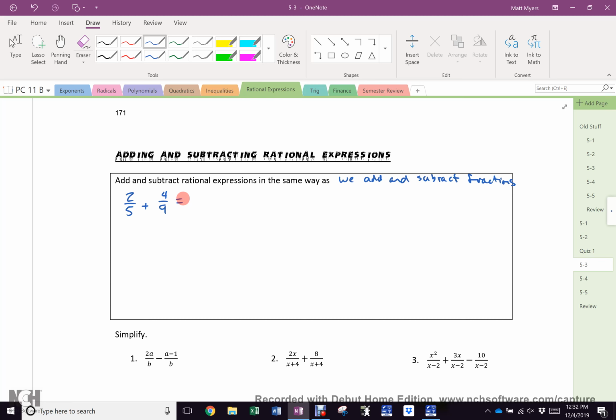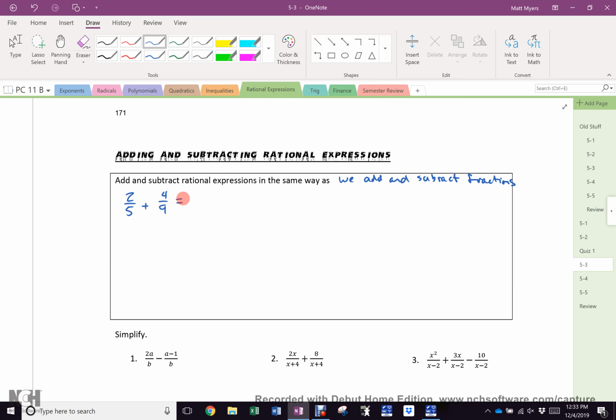Right. Now, what is the easiest way to find a common denominator that will work? Henry. The easiest way to do it is to multiply them together, yes? That's the easiest way. Now, sometimes that'll bite you, right?